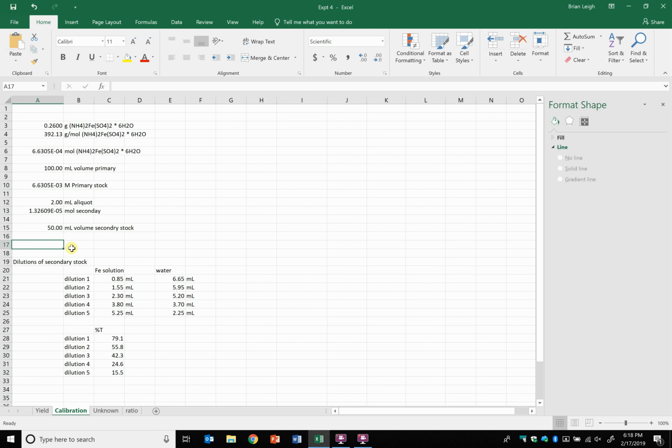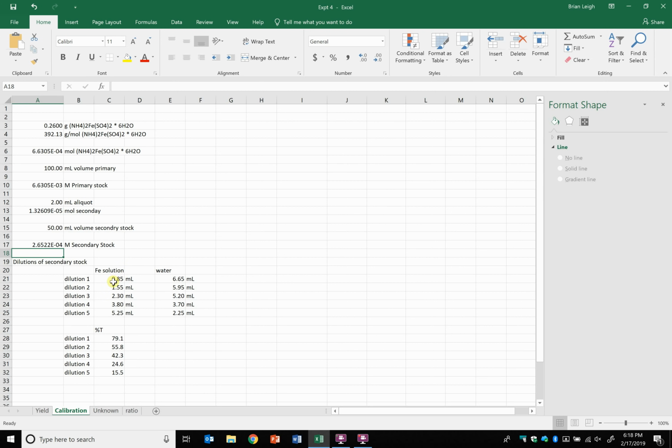And so we really want to know what the molarity is now of the secondary stock, because that's where our information is going to come from. And of course, the molarity of the secondary stock is simply the number of moles divided by the volume, which is 50 mLs, which we have to once again make into liters. And we get the molarity of our secondary stock is roughly 2.6 times 10 to the minus fourth.